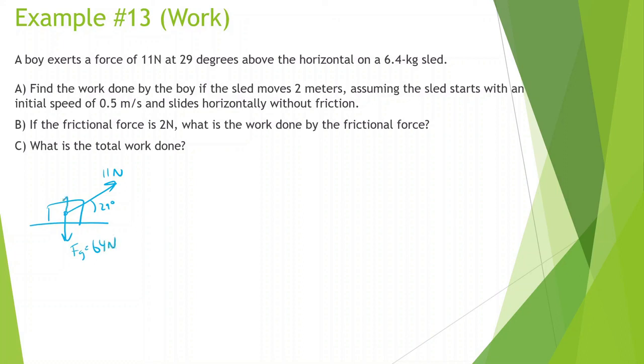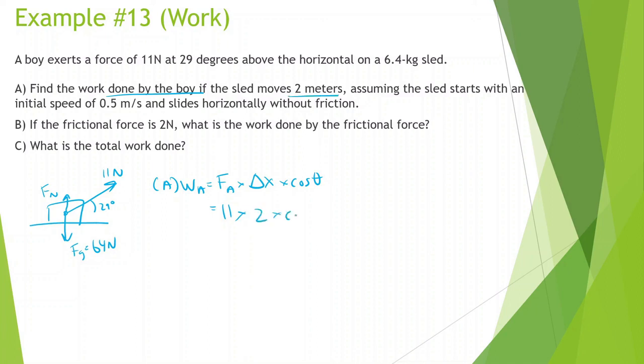Actually, we don't know what the normal force is. We know it's less than 64. But let's first find the work done by the boy. So work applied: force applied by the boy times displacement times cosine of theta. Force applied by the boy, 11. Displacement, how far did this go? 2 meters.